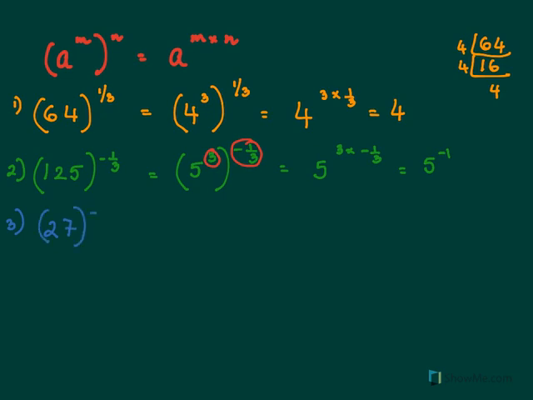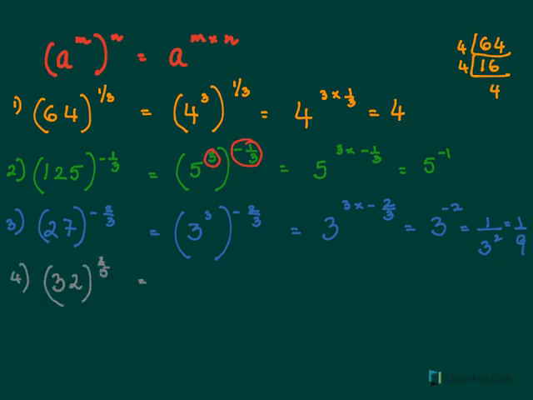For the third one, 27 raised to minus 2 by 3. Now 27 is 3 into 3 into 3, so it is 3 cube raised to minus 2 by 3. Now we'll multiply the powers. 3 into minus 2 by 3, that is 3 raised to minus 2. Now this 3 raised to minus 2 can be written as 1 over 3 raised to 2, which you know 3 into 3 is 9.